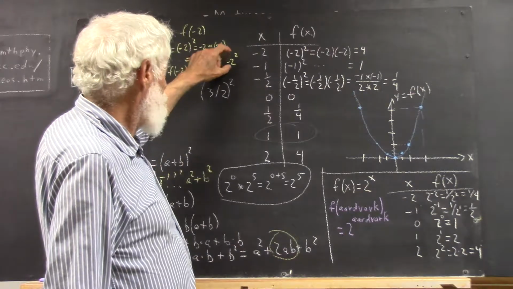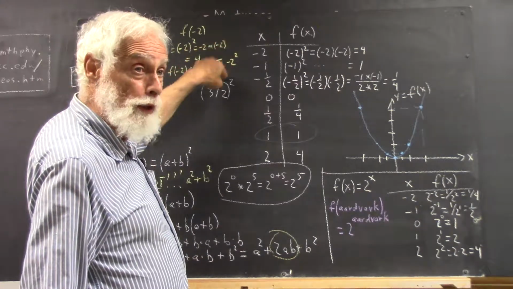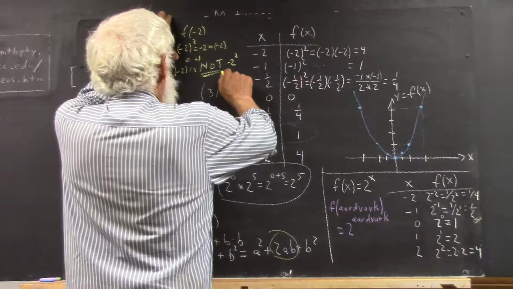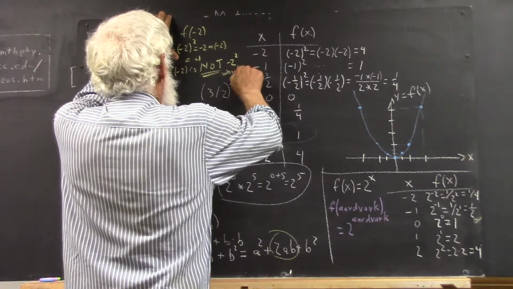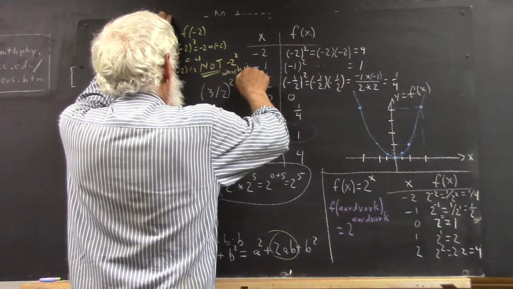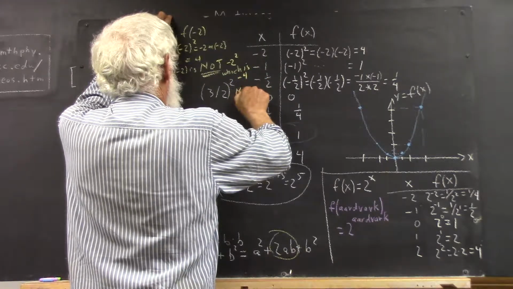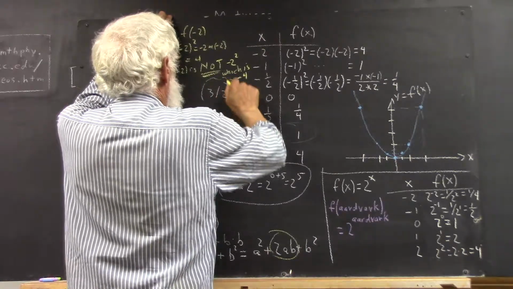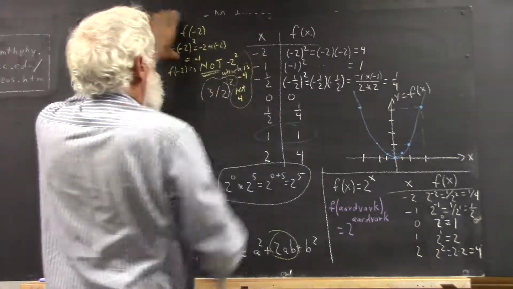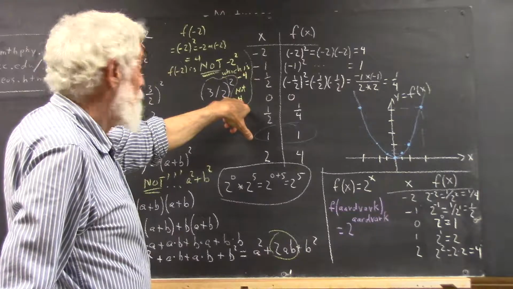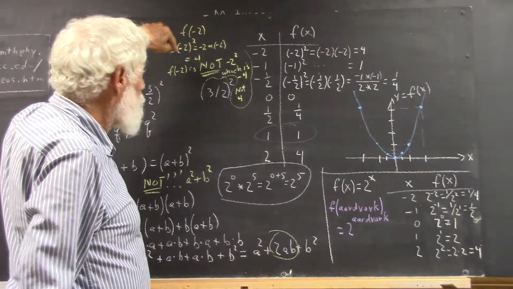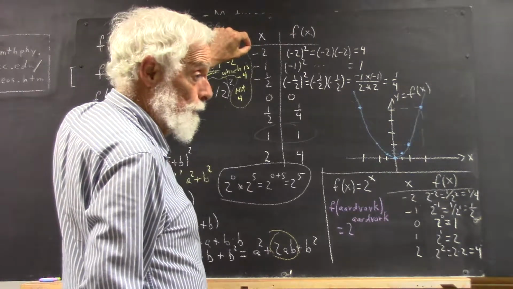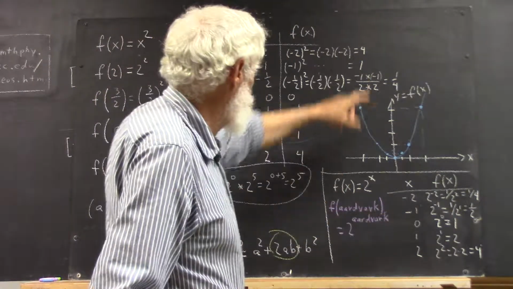So you square the 2 and you get 4, and then you put a negative, you get -4. If you do that, you're going to get -4, not 4. But the correct result is 4, because if you multiply -2 by -2, you're going to get a positive 4.